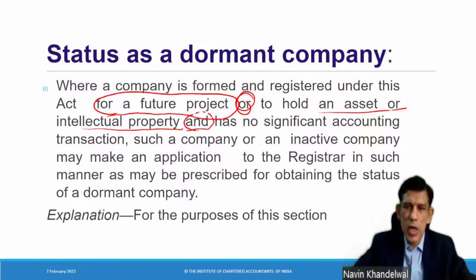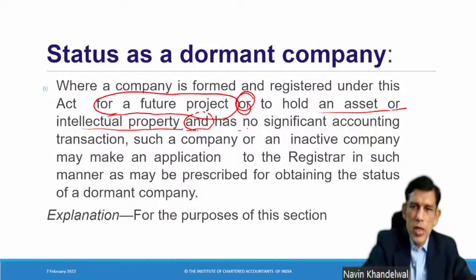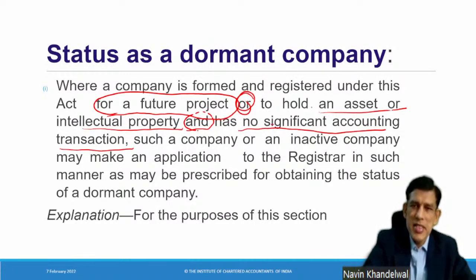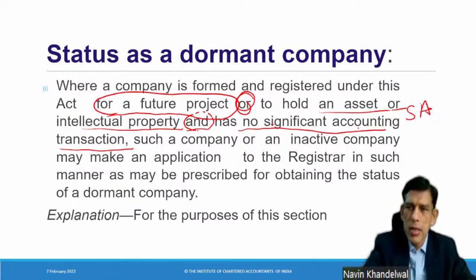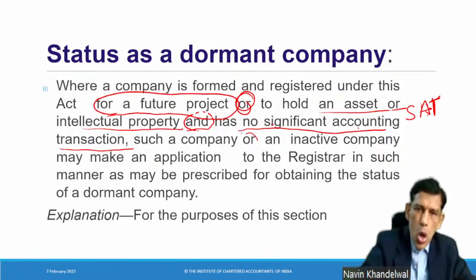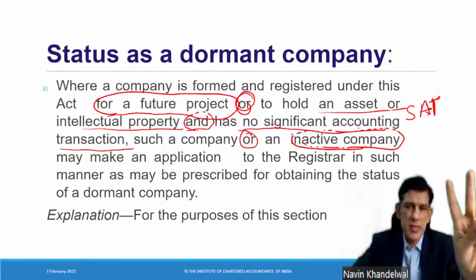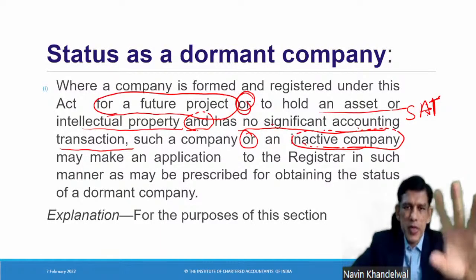So that means along with that, it does not have any significant accounting transaction, SAT. Again, the word "or", an inactive company. So this is again important. There are two conditions now coming into the picture, friends.